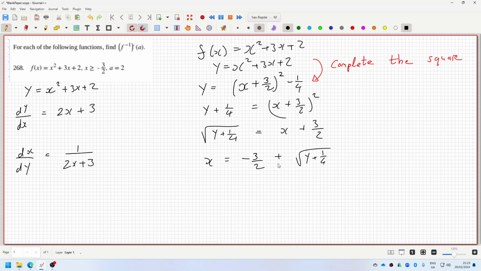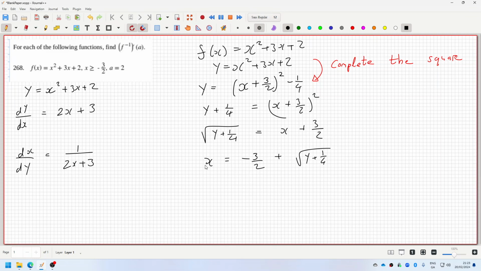But there could be a plus or minus issue here. However, they tell us that x must be bigger than or equal to minus 3 over 2. So we have to take the plus answer here, because otherwise, if we took the negative one, that'd be a problem.